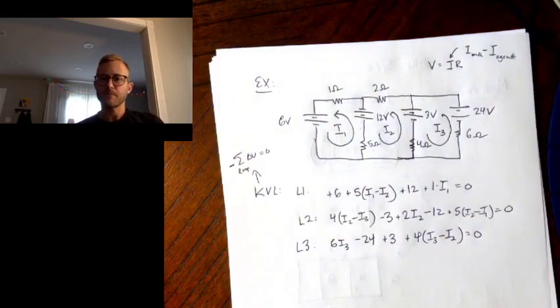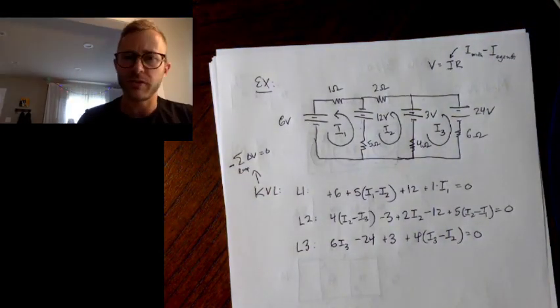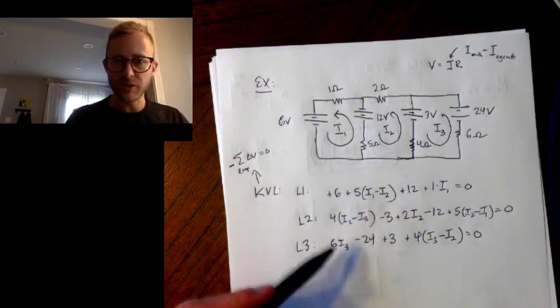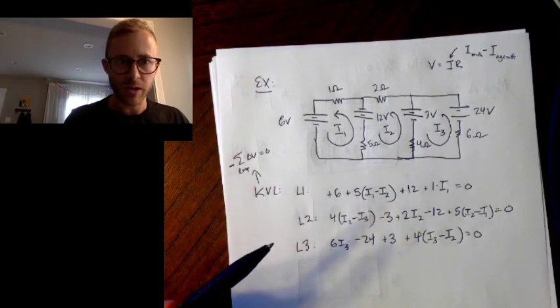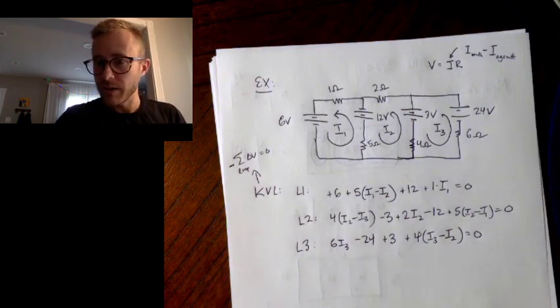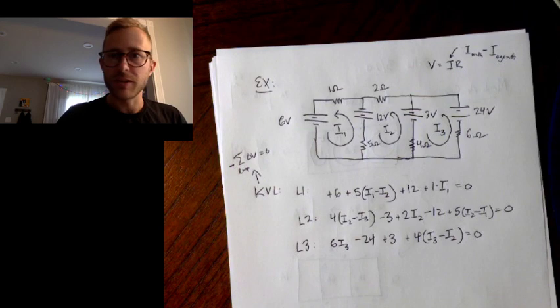Okay. So that is the third loop. So notice how I have 3 equations and I have 3 unknowns, I1, I2, I3. So now what I can do is I can go ahead and attempt to solve these equations.